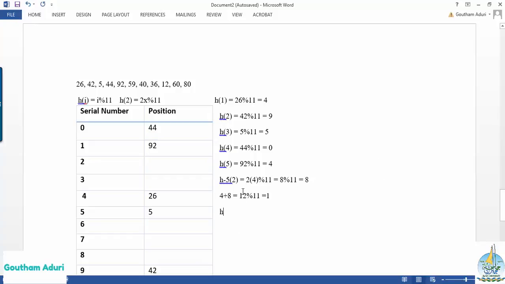See, what I am doing is first in the double hashing, 92 mod 11 is 4. The first function gives 4, so there is a collision.